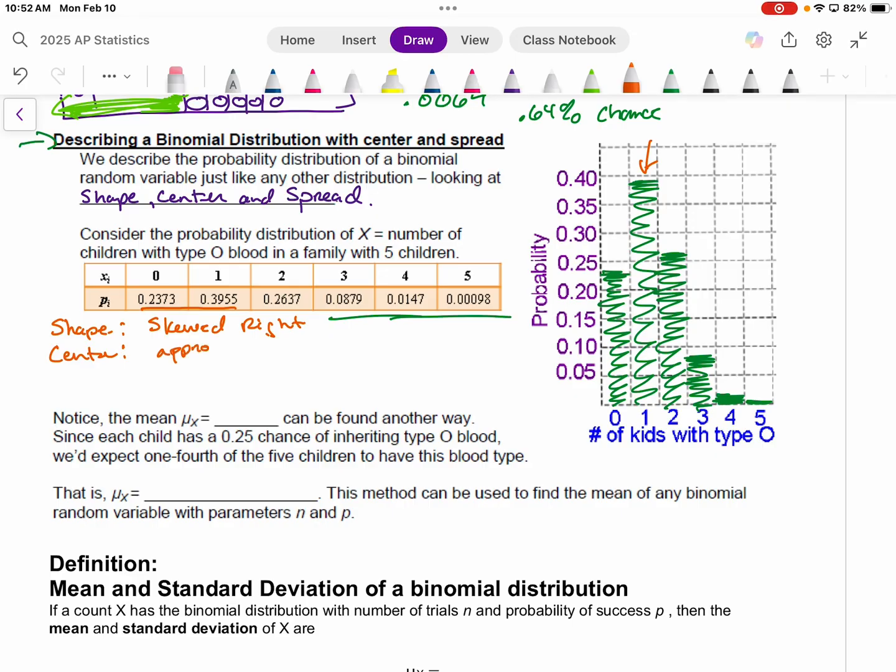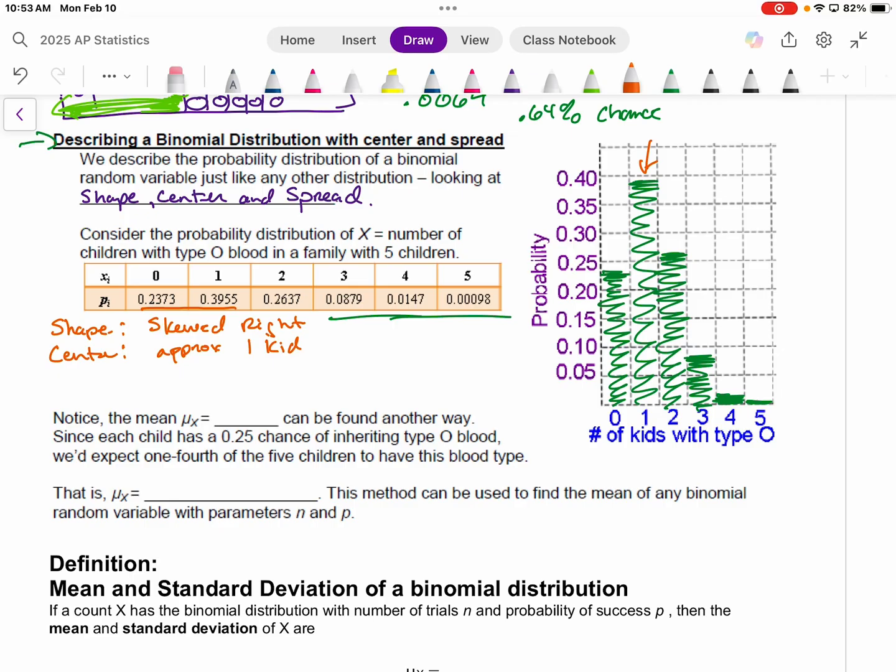Approximately one kid, just adding the percent of the data. Since it's skewed, we're supposed to use the median. So that's where I was adding 23% and 39%, which technically gives me 62%. So it's going to be somewhere around that one-kid mark.